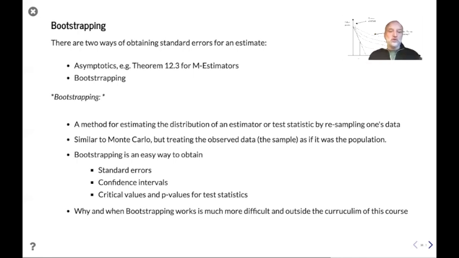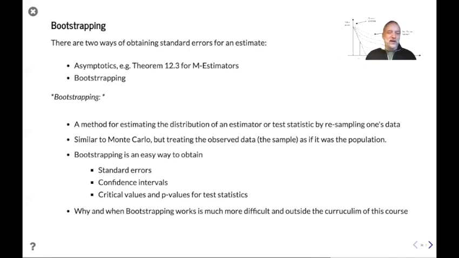So it's very similar to Monte Carlo, but by treating the observed data, the sample, as if it was the population, as if it was the data generating process. And so that's very intuitive in some sense. I'm going to show you the implementation in the code in just a second, but in principle, this is actually very simple.